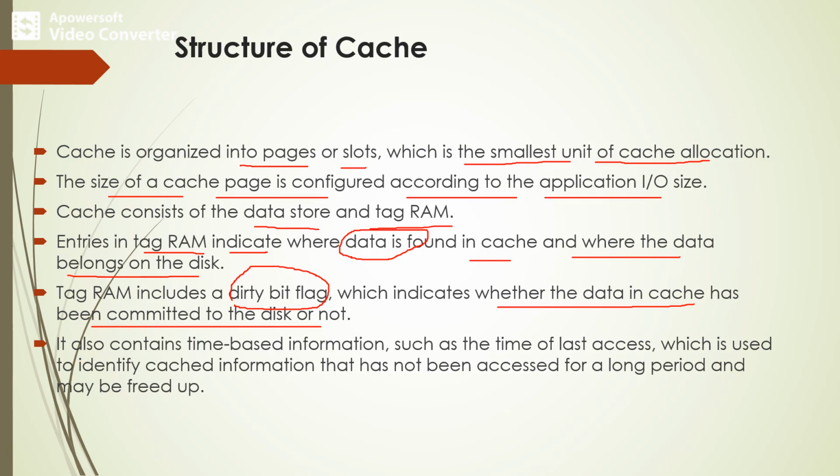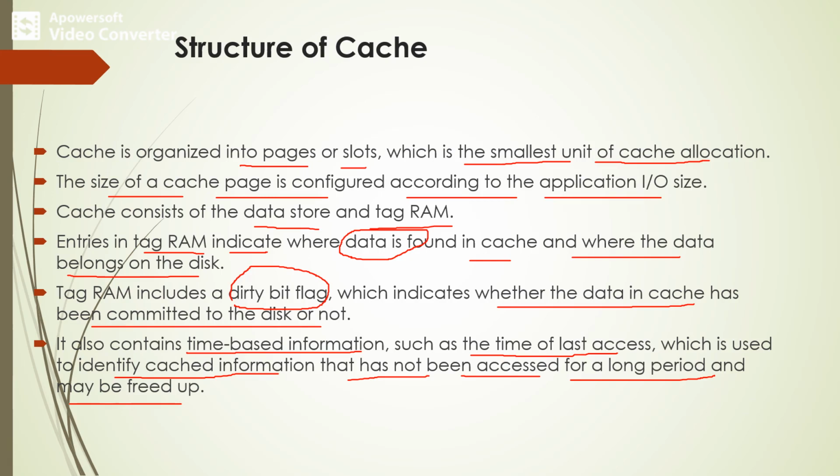It also contains additional information like time-based information, such as the time of last access, which is used to identify cached information that has not been accessed for a longer period and may be freed up. This can be used to perform the flushing process.